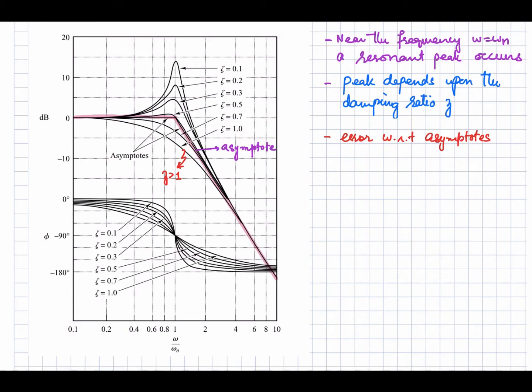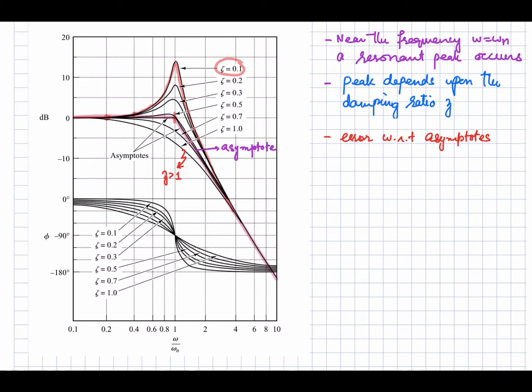Okay, now let's look at the Bode diagram for that, that as you change the frequency and you take different values of zeta, how the frequency response of the second order system will look like. So if you have a very low value of zeta, let's suppose that is equal to 0.1, and you calculate the gain and sketch it over the logarithmic scale of the frequency, your response will look like this: it will show you a resonance peak close to the corner frequency.